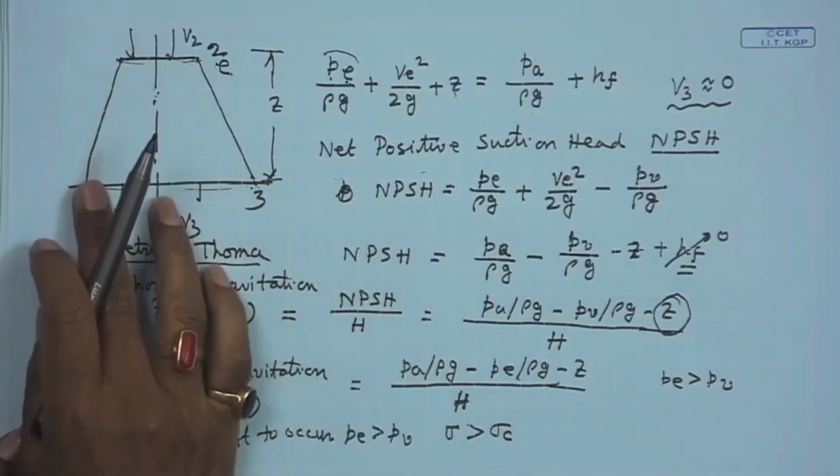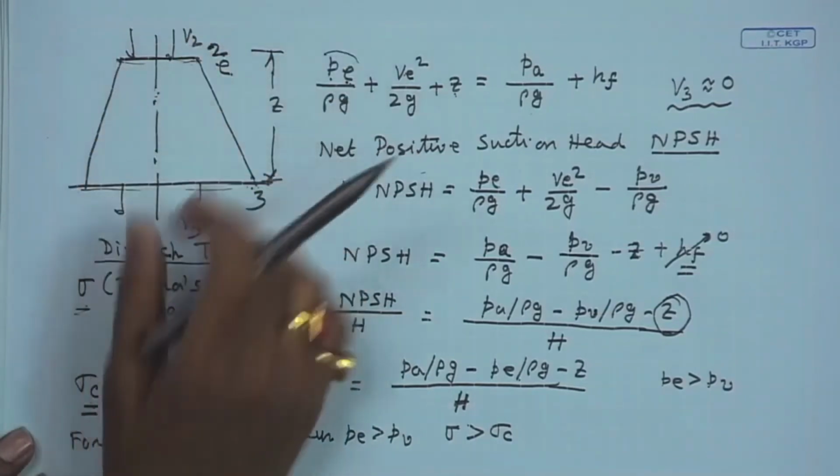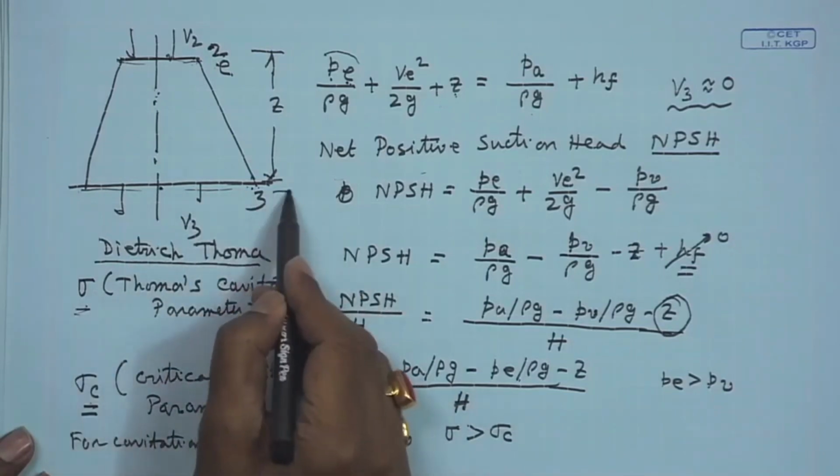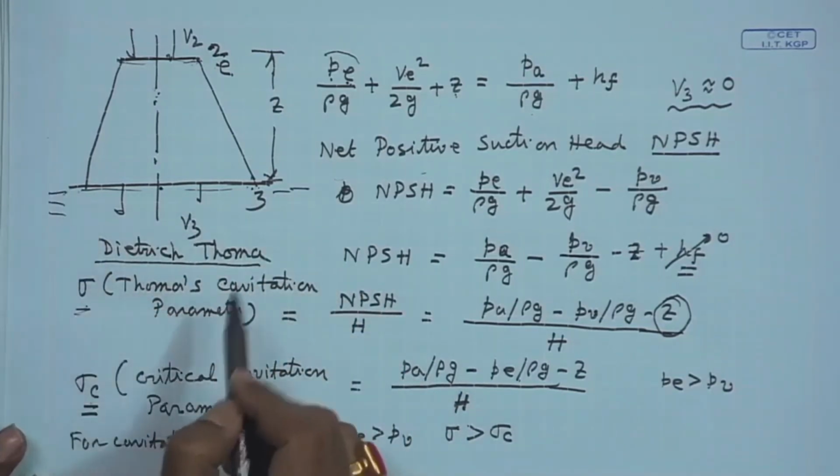So, the draft tube is a tube which is added to the turbine to reduce the kinetic energy at the outlet of the machine. This is the tail water level, and the draft tube should be designed in such a way that it can efficiently reduce the kinetic energy without causing cavitation in the turbine, and at the same time place the turbine runner at an appreciable height above the tail water level.